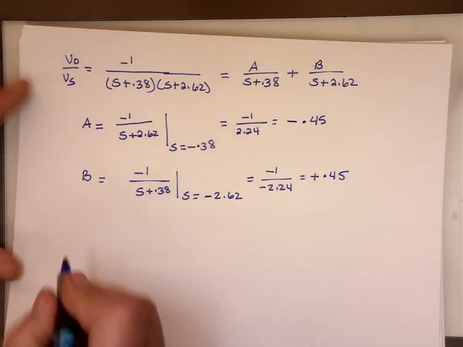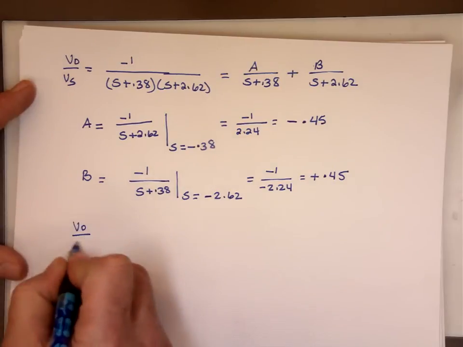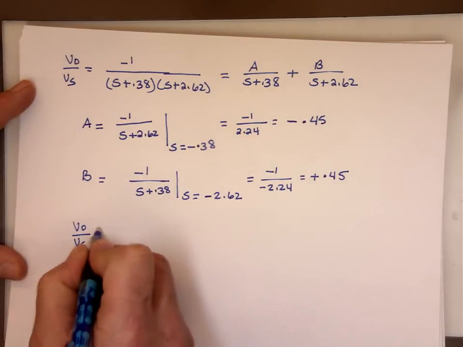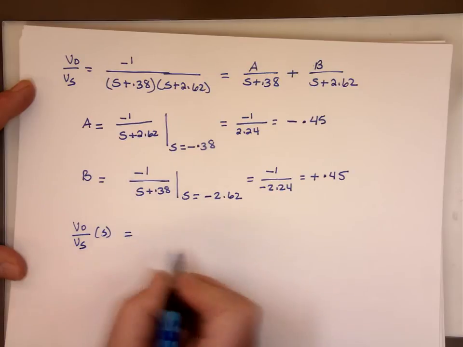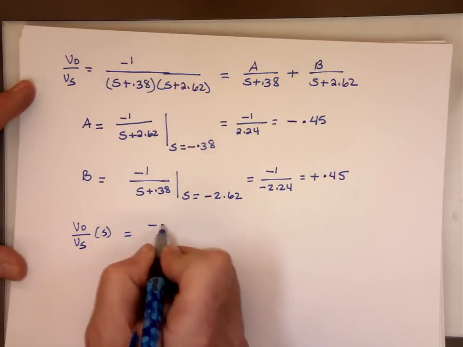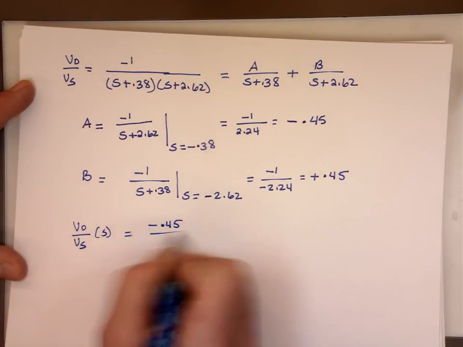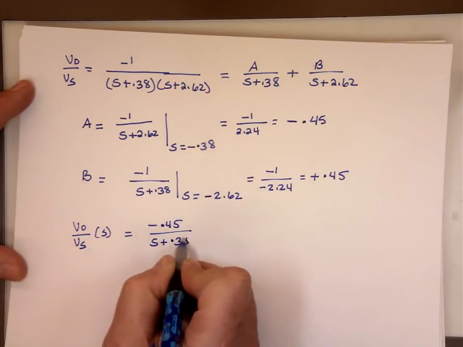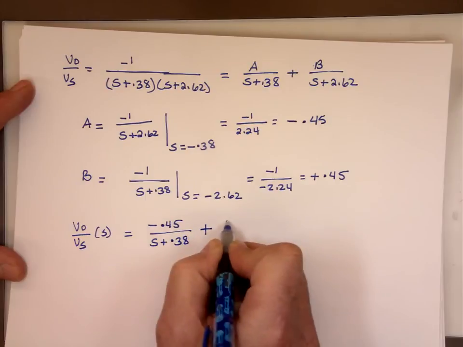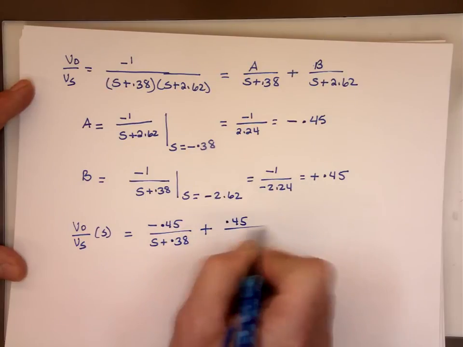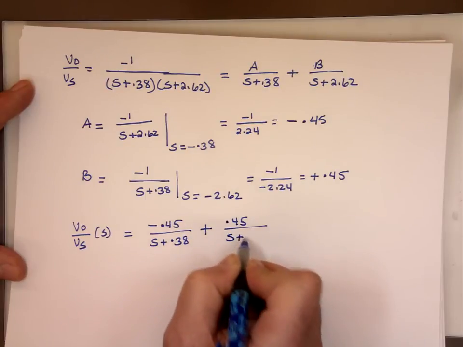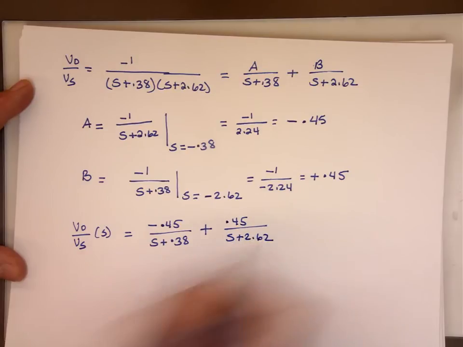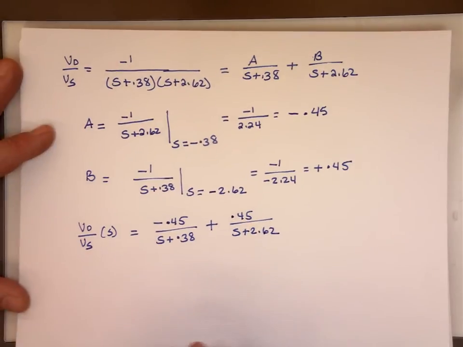So V out over Vs as a function of S is going to be A, which is negative 0.45 over S plus 0.38 plus 0.45 over S plus 2.62. And now the last step, take the inverse Laplace of that.